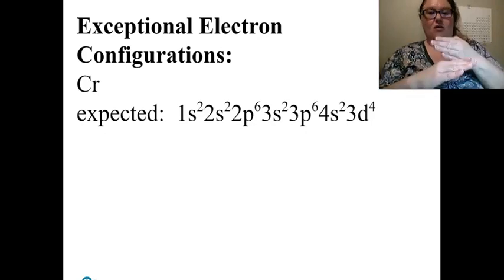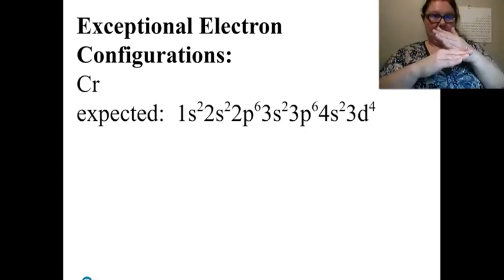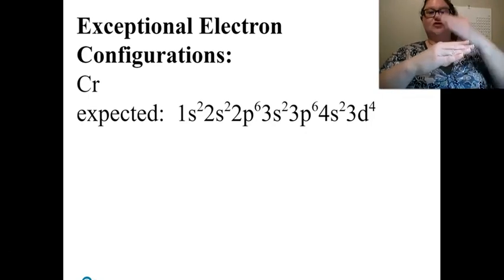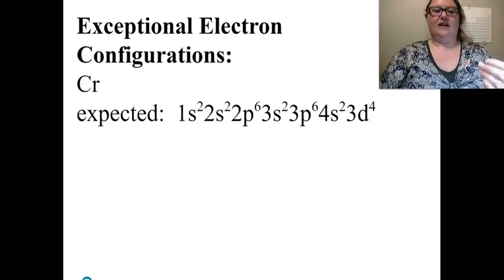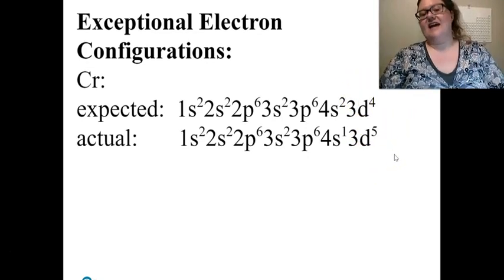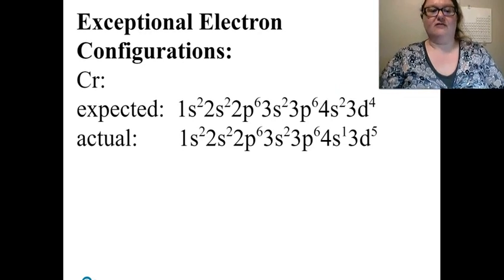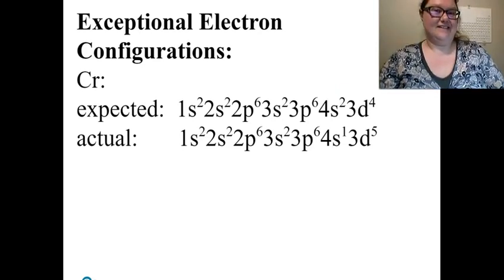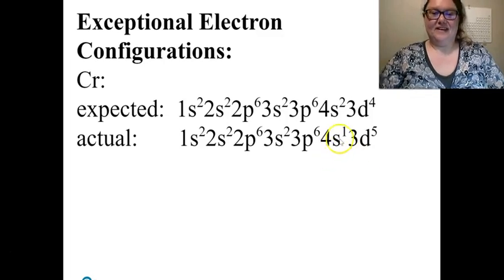Okay, so if they're overlapping, there's an option for that electron to go to the lower energy. And so this is expected. However, this is the actual true configuration for chromium. You spot what happened? Look at the end. One of the electrons that was in the 4s jumped over to 3d.